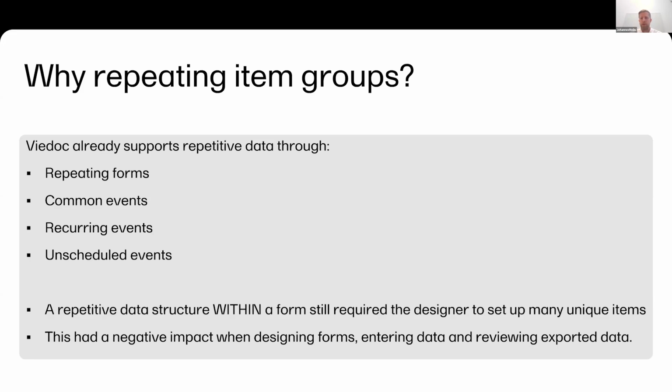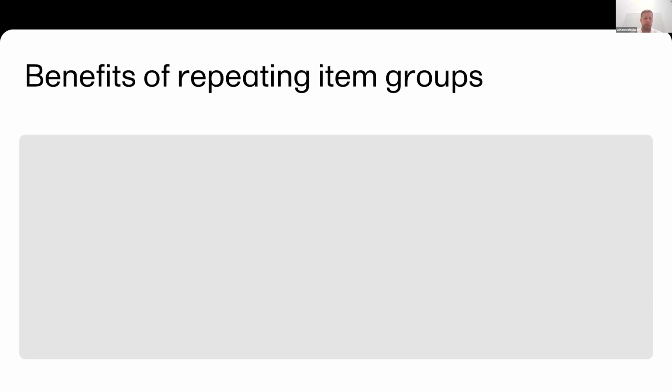So what I'm hoping to show you is the benefits that we will bring with repeating item groups. The designer will be able to build studies quicker, but not only the build, also the validation and modification of these forms. You can also use more flexible designs. You have more options when designing a form, and it will be a bit more intuitive as well.